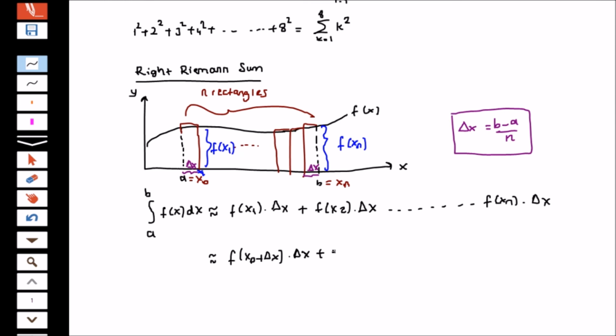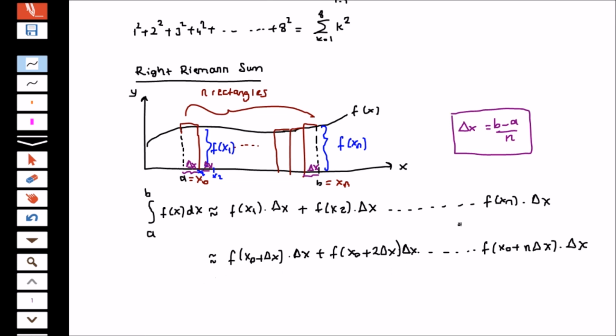To write x2, this time I have to add 2 delta x because until x2 I will add 2 delta x to x0. And the last one will be x0 plus n delta x, times delta x. I have delta x here.